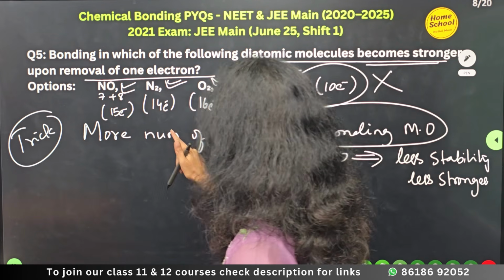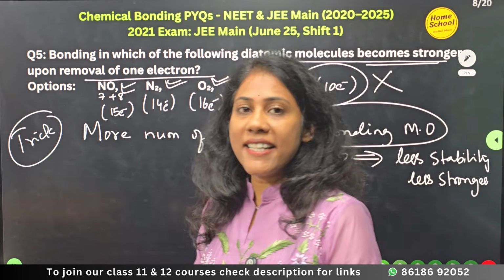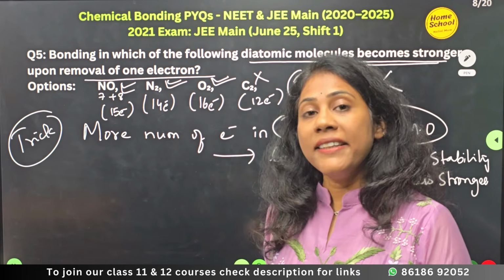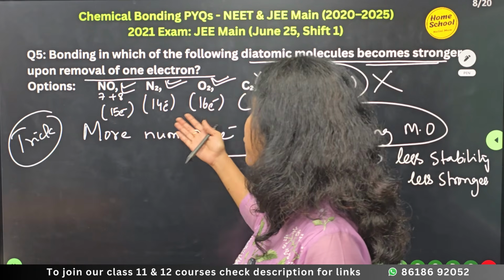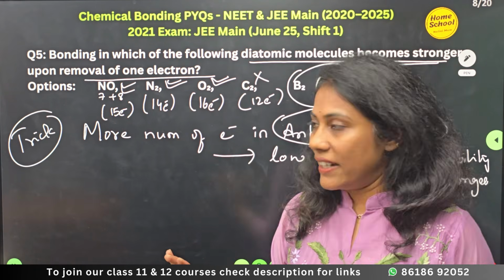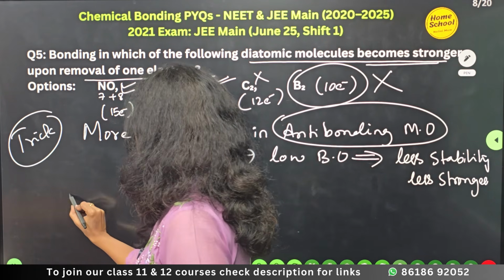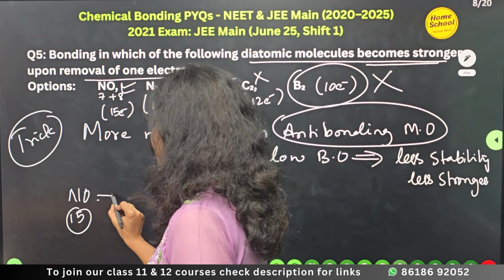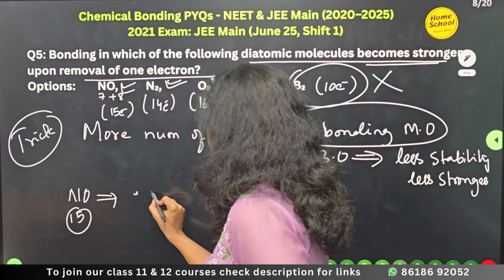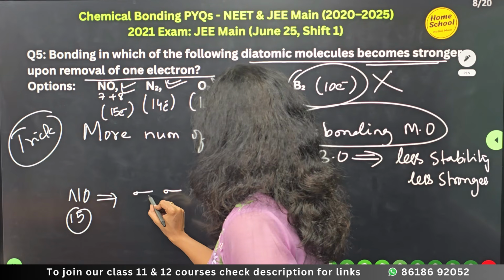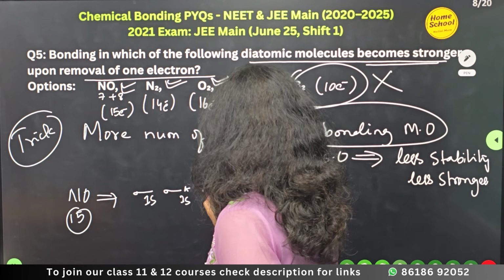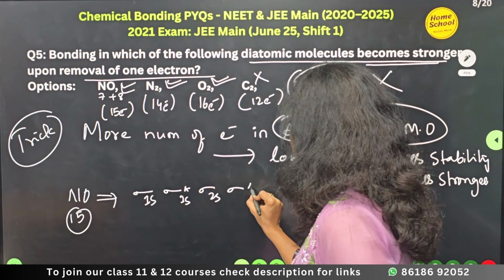We all know there is one sequence for 14 electron species and below, and a different sequence for 15 electron species and above. So NO is a 15 electron species. What is the sequence? See the electronic configuration: sigma 1s, sigma star 1s, sigma 2s, sigma star 2s.